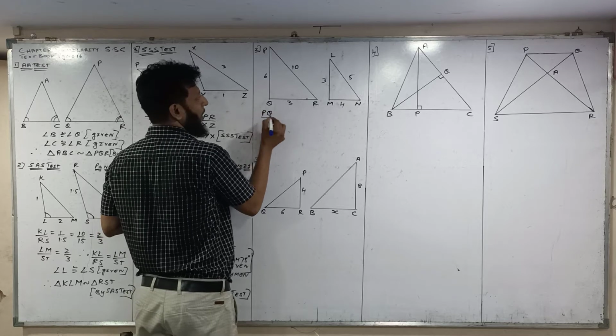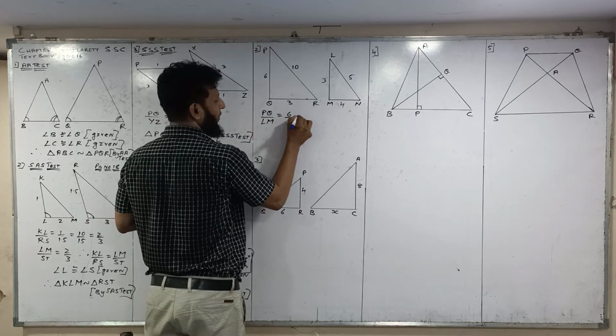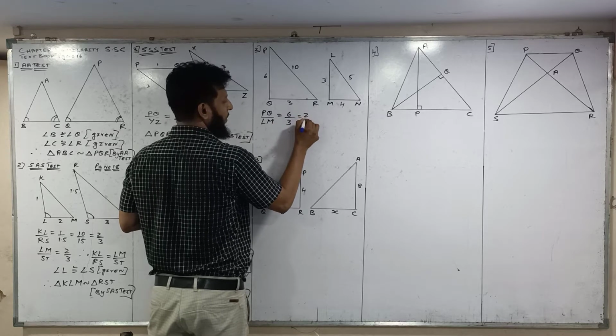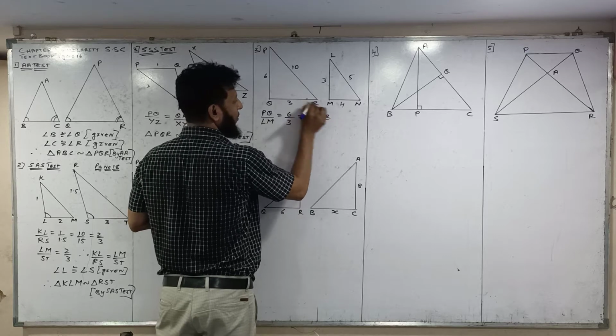Take PQ upon LM, PQ is 6, LM is 3, then cancel: 3 ones are 3, 3 twos are 6, so 2 upon 1. Therefore the other side, QR with MN.